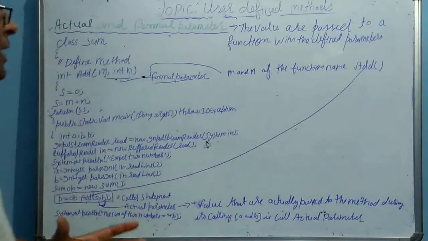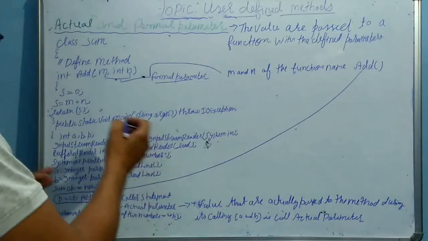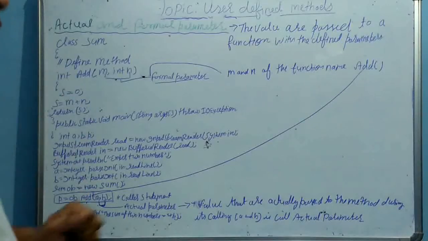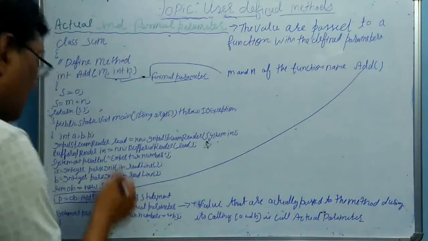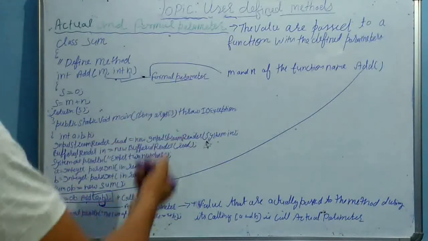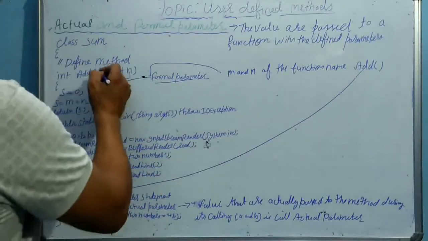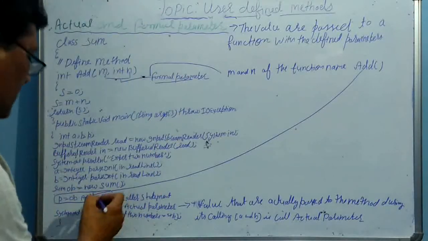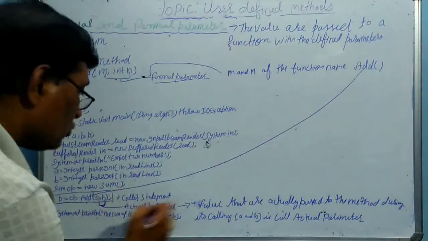When you give the values, they are stored first into a and b, and then after that they are passed to the formal parameters.